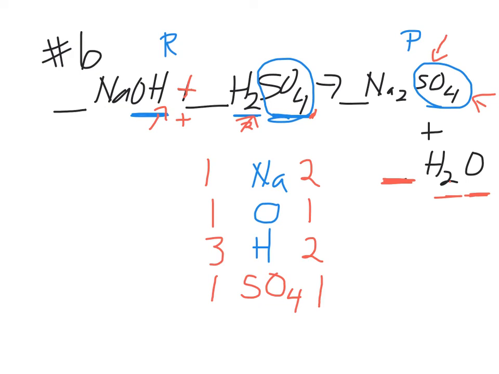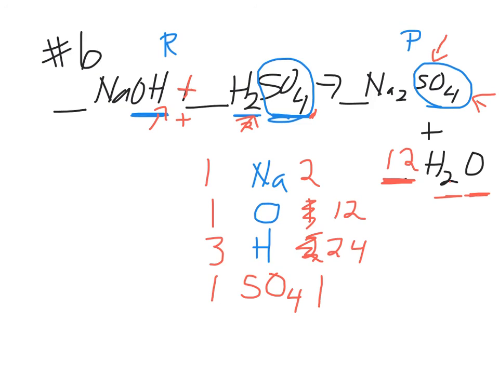Let's do something bigger, like 12. Never be afraid to go bigger. I just want to try something, see if you can see it. 2 times 12 is 24. That gives me 12 oxygens. I'm going to show you how this is not going to work out in a minute.